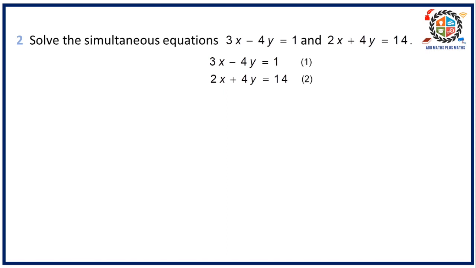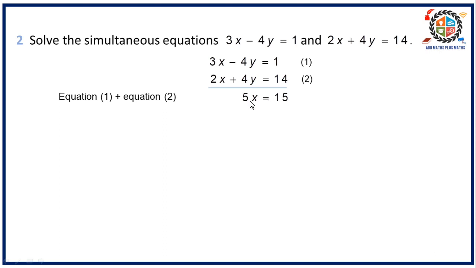I'll add equation 1 and equation 2. If I add them, I will eliminate negative 4y and 4y, and I'll end up having the equation 5x is equal to 15. Because 3x plus 2x is 5x, 1 plus 14 is equal to 15.